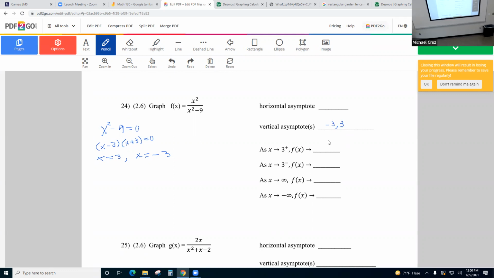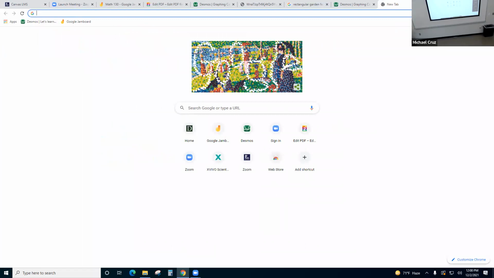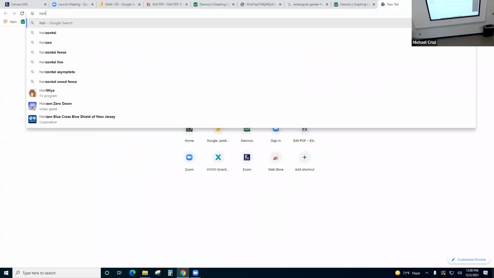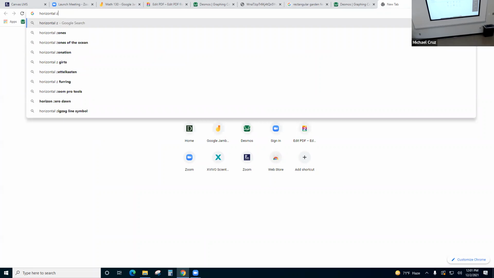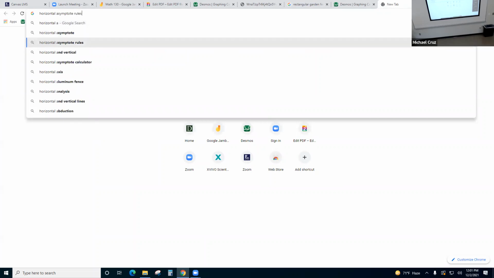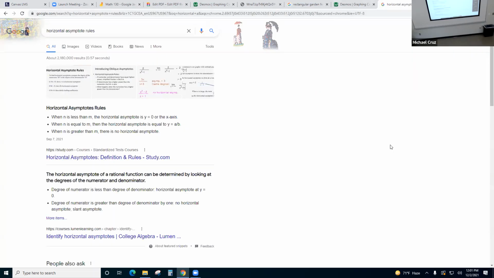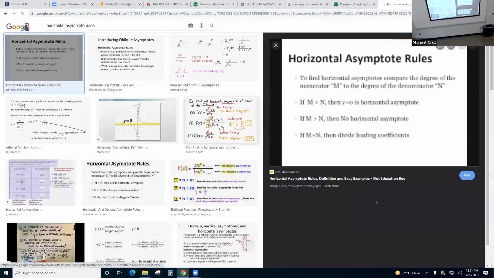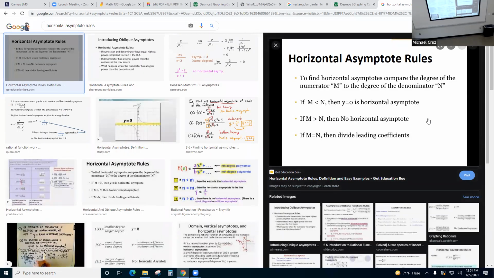The horizontal asymptote is determined by dividing if they're the same. What is it? I've got to refresh my memory. I should have done this before. I did it last night and I already forgot what it was. There are 3 different scenarios. If you remember better, as it happens. So they're the same.